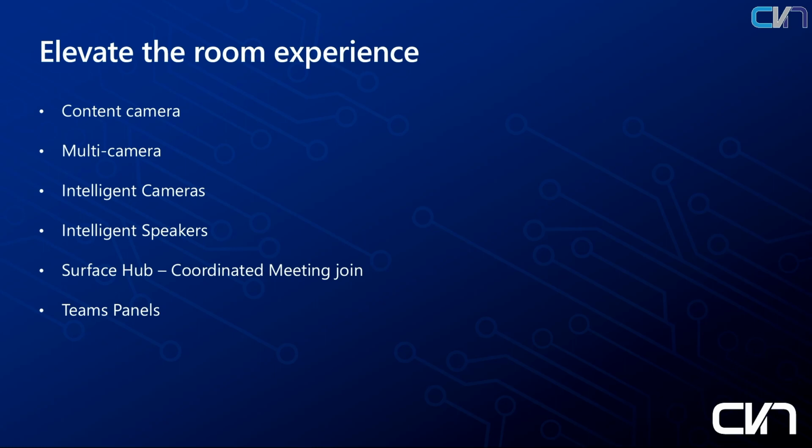Multi-camera solutions are available from various vendors as well. Obviously, we talked a little bit about intelligent cameras that do speaker framing, group framing, and intelligent framing, all of those. Intelligent speakers are available now, and speaker attribution features are on the roadmap coming out soon.